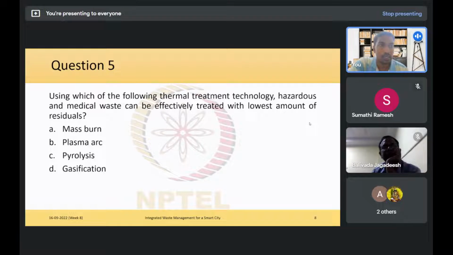So here we are talking about the amount of residue that we end up with, right? So in which technique do we get the least amount of residue?